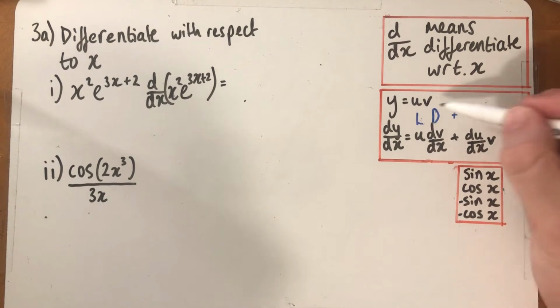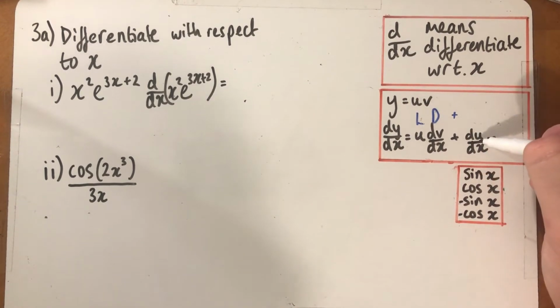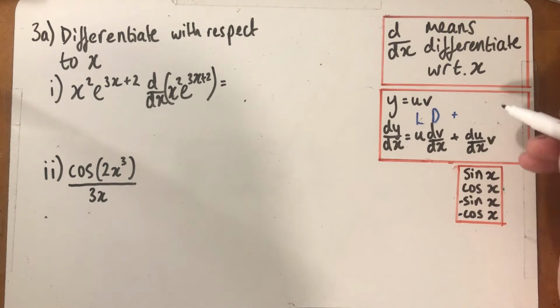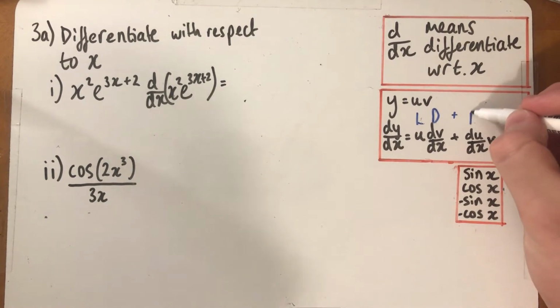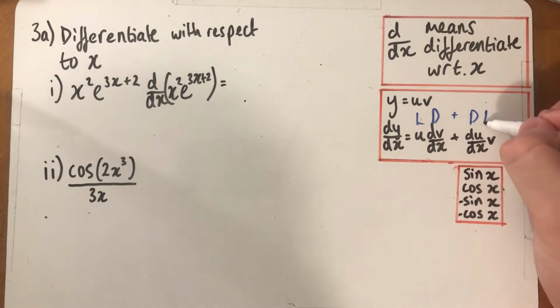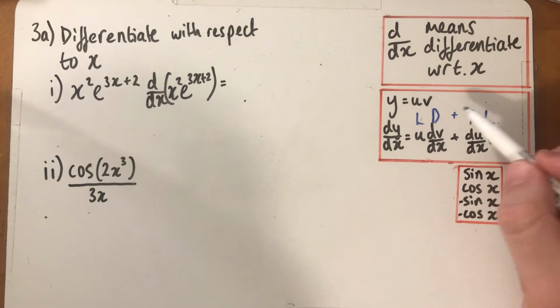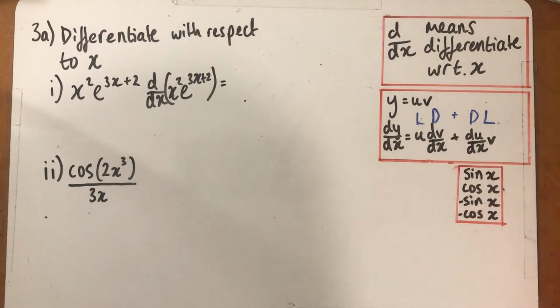Then we plus the differential of u. u has been differentiated with respect to x in order to obtain du by dx, so I'm going to write a d here. And then v has just been left by itself, so I'm going to write L. LD plus DL, or Lidl. So it's just a nice way to remember how to do the product rule.